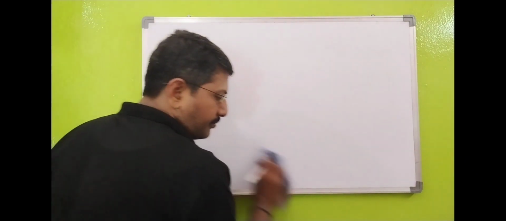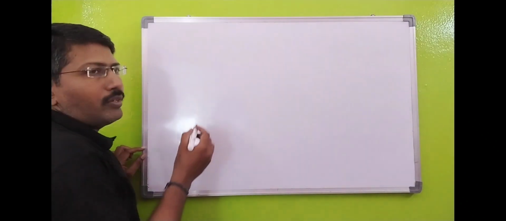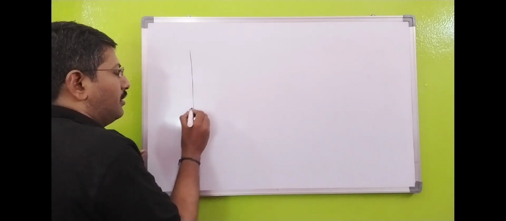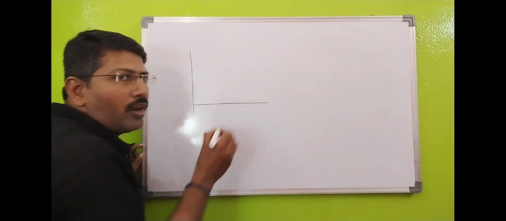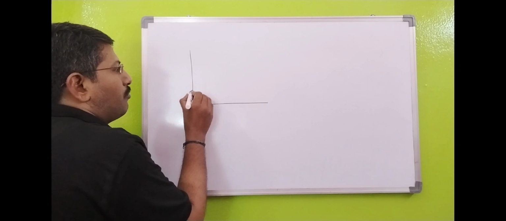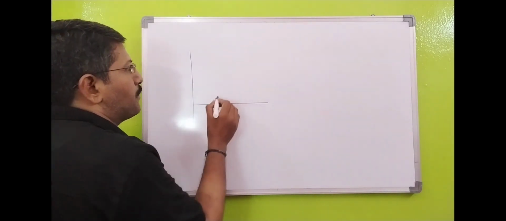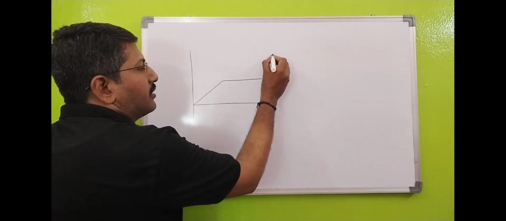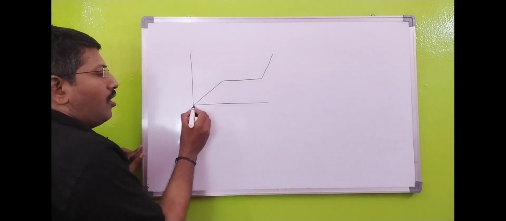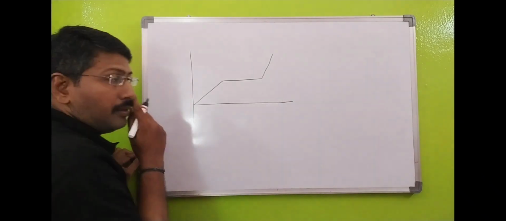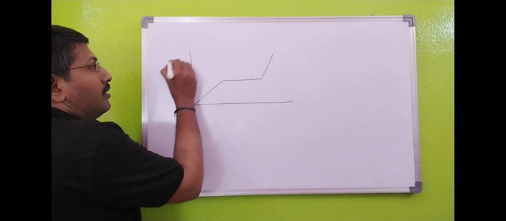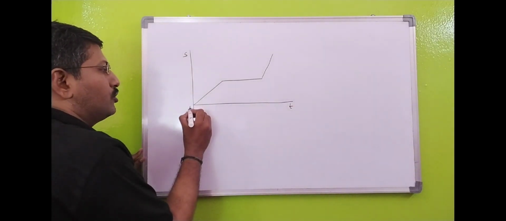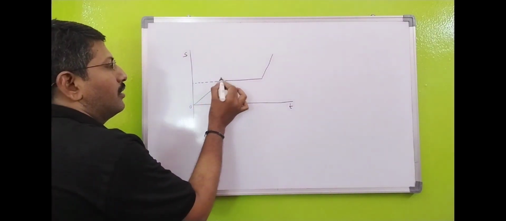Once you observe a small example. For example, this is like this. A graph starting from the origin. This is the displacement-time graph. 0, 10 meter.